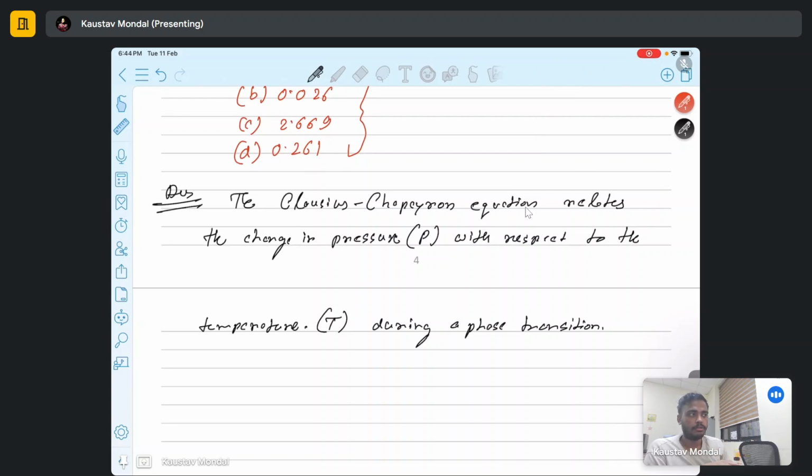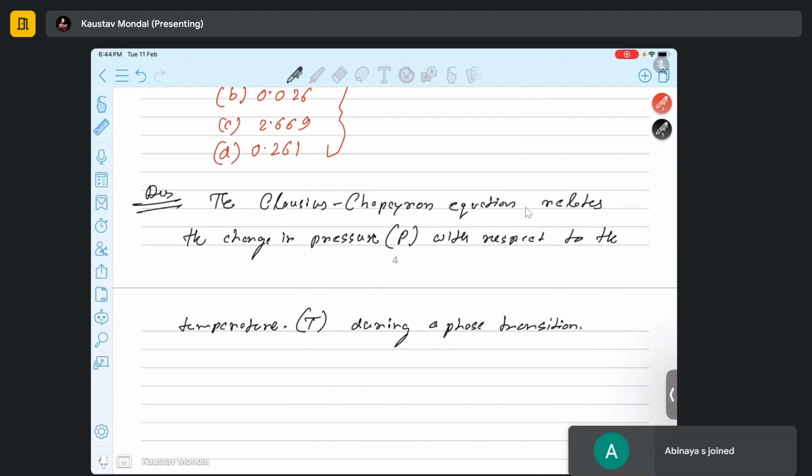That we have also seen in experiments, like if you change the pressure, the transition temperature from solid ice to liquid water also gets changed. Here also, if you change the pressure, the temperature will also change.